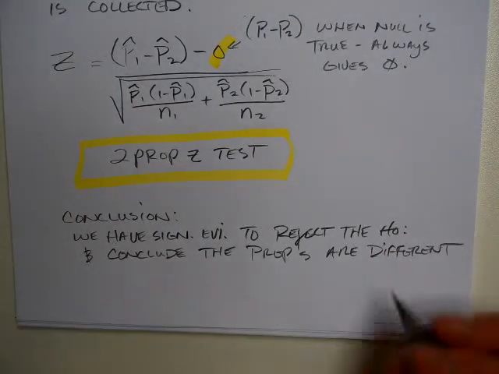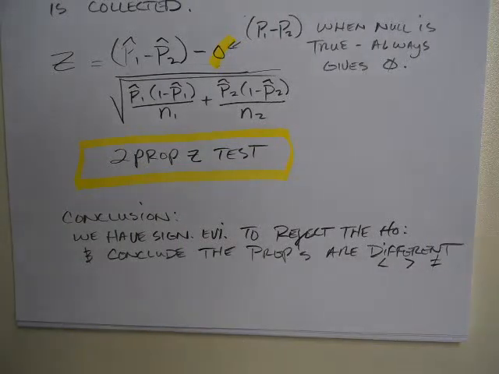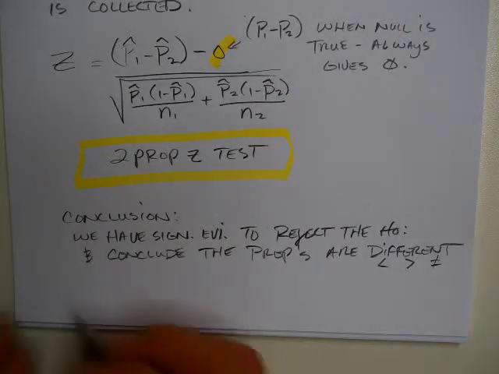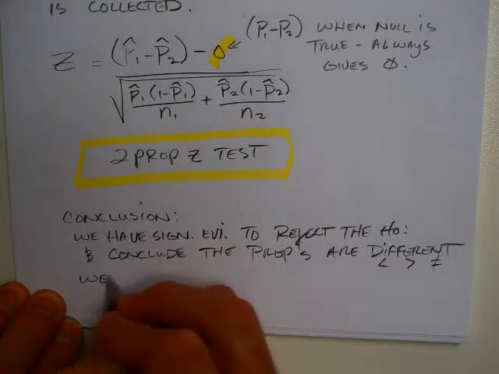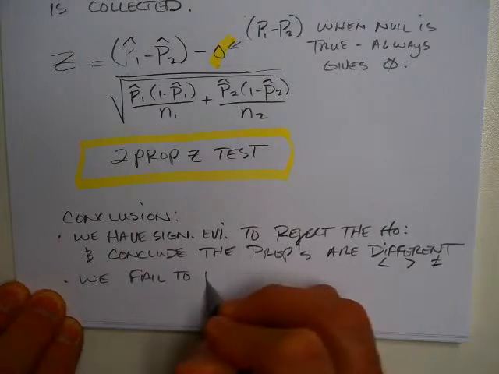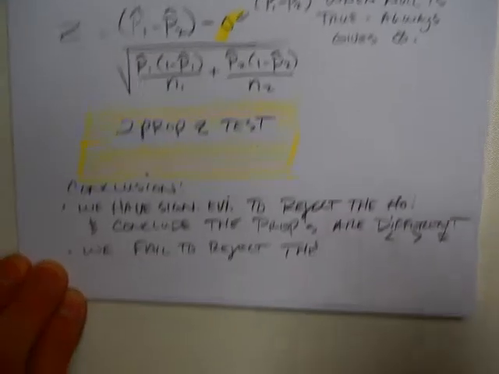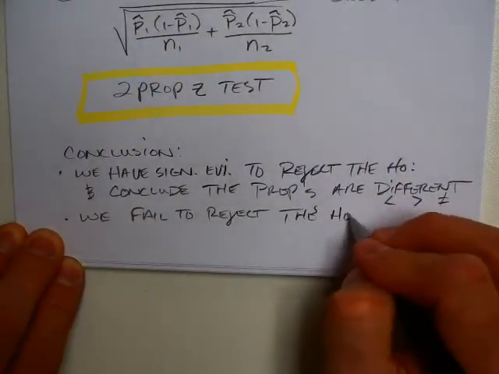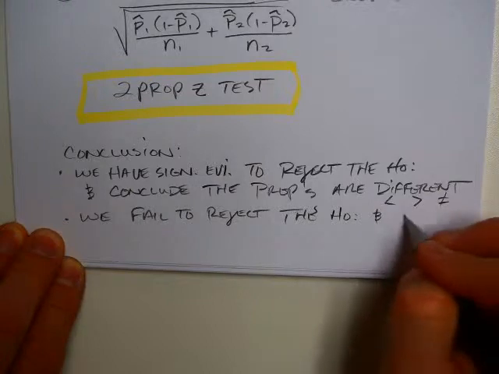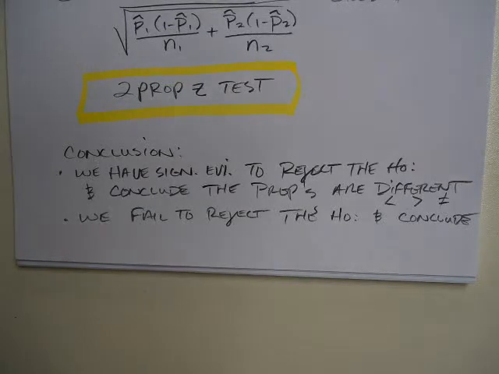Different could be greater than, less than. Different is not equal to, something like that. Okay, the two proportions are not equal. Or we fail to reject the null and conclude the proportions are not significantly different.